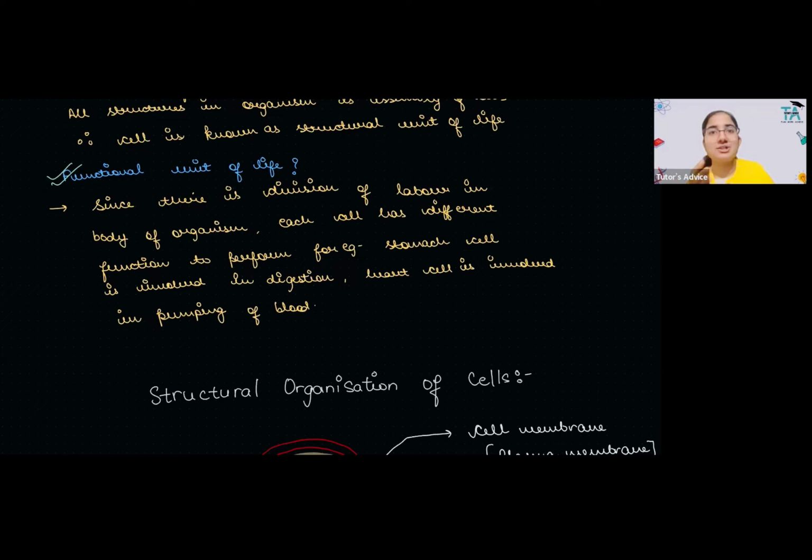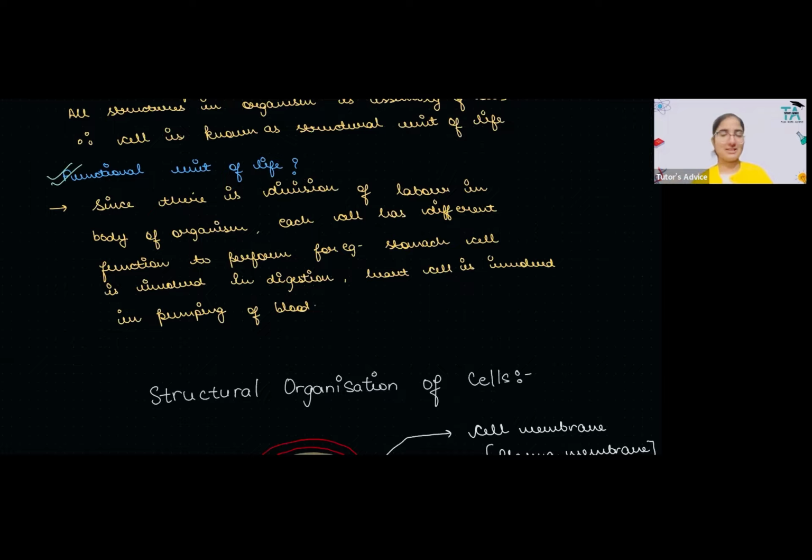The entire structure of the house is going to break down after that. It'll be shattered. The same thing goes in the case of the body of the organism also. A cell has to perform a function, so there is division of labor. Each and every cell has a different function to perform, and that is why we call it the functional unit of life. So I hope everything is understood till here.